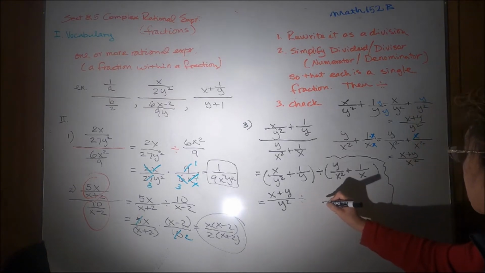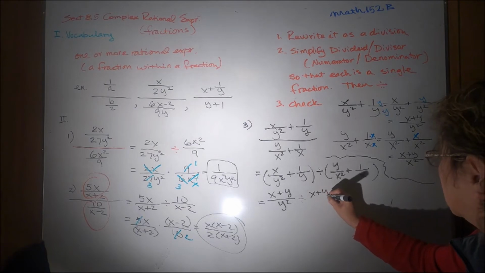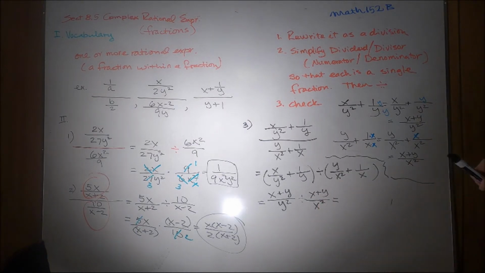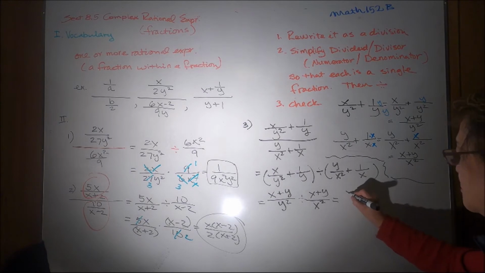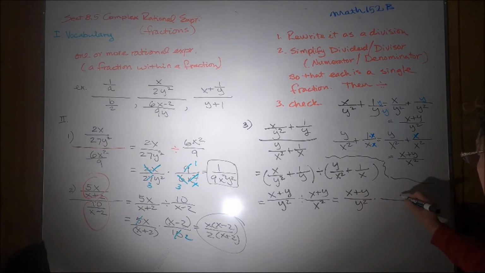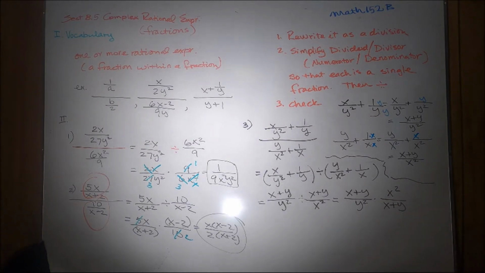Then now we can divide, right? x plus y over x squared, right? So a single fraction is divided by a single fraction. Then what do we do? We just multiply by its reciprocal, right? So before we multiply straight across, we simplify first.